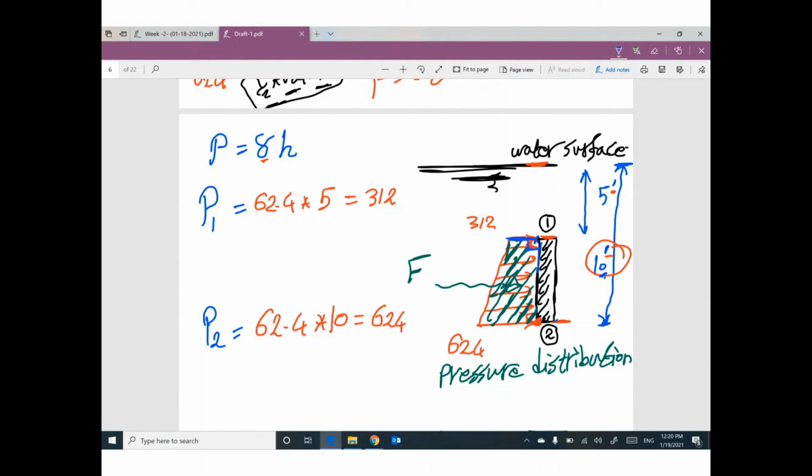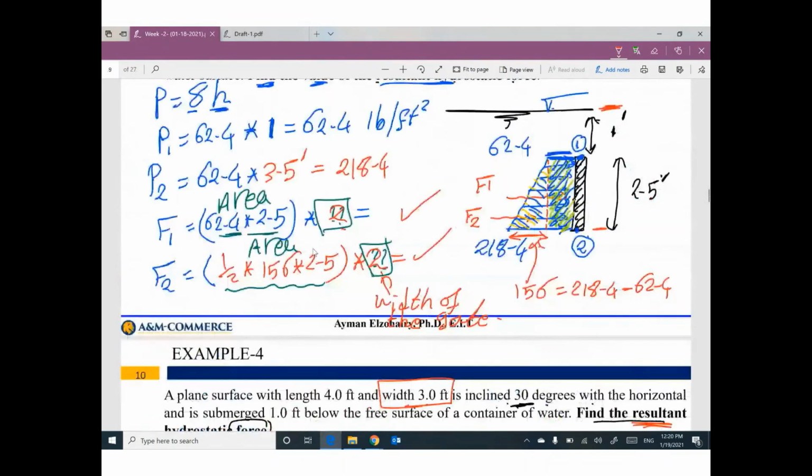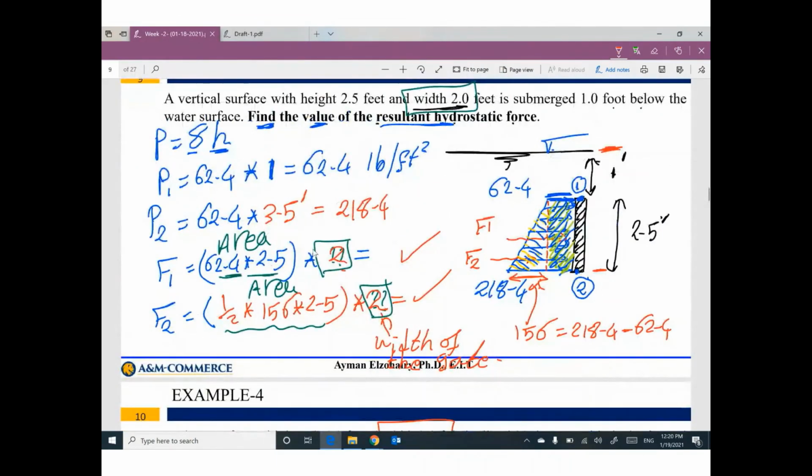Oh, okay, yeah, I mixed that up. So be careful about this point. In this problem, 2.5 is the height only until this point, so I have to add 2.5 plus 1 to get the total height. All right. Thank you. So make sure what is the difference.